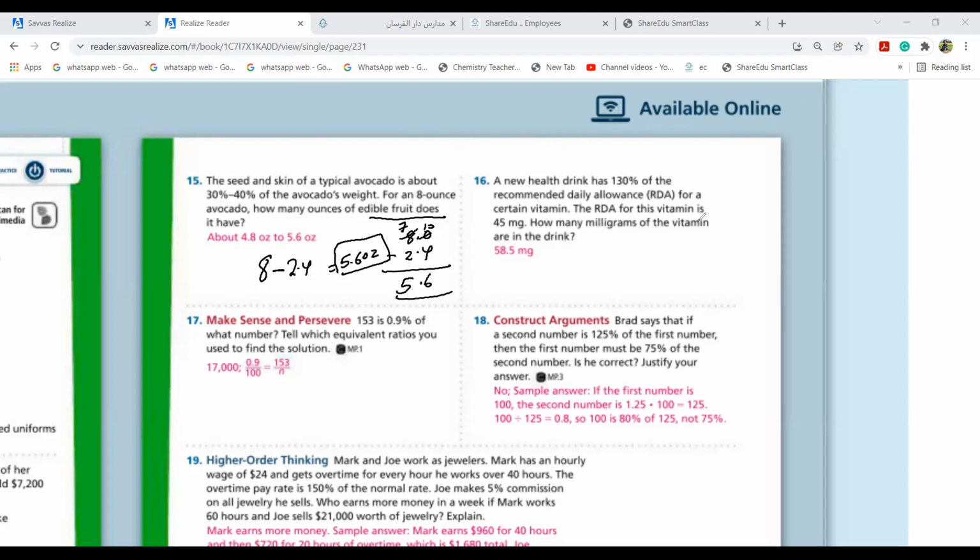A new health drink has 130% of the recommended daily allowance for a certain vitamin. The RDA for this vitamin is 45 mg.